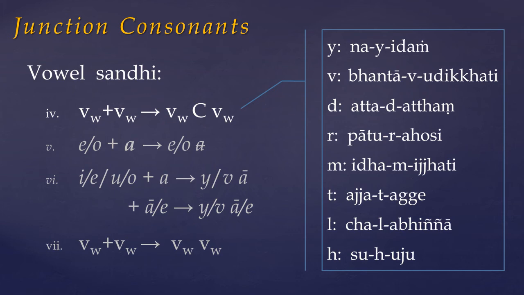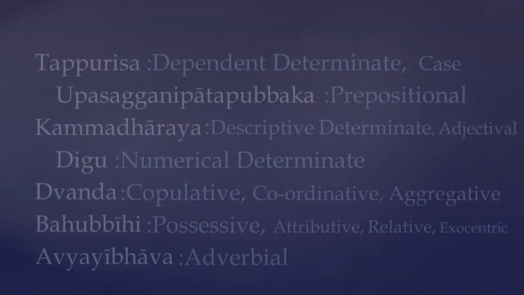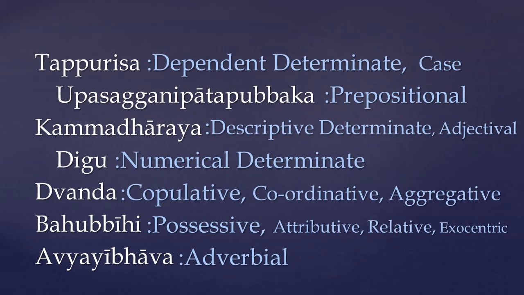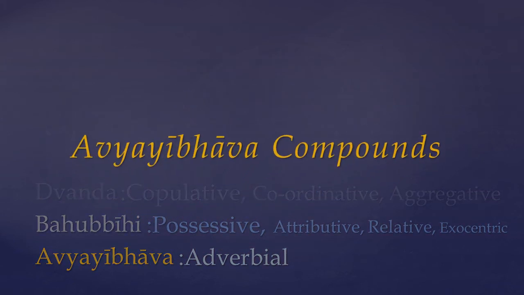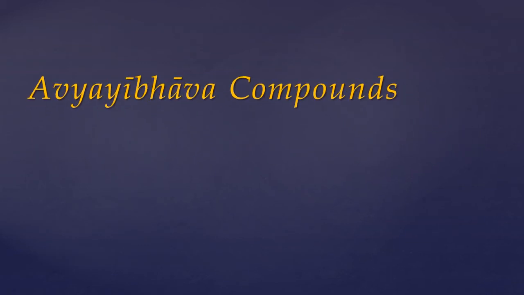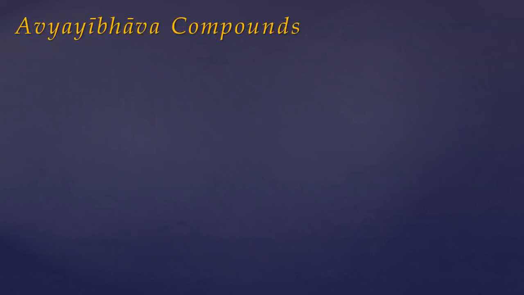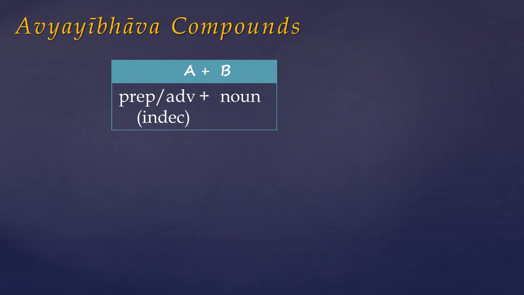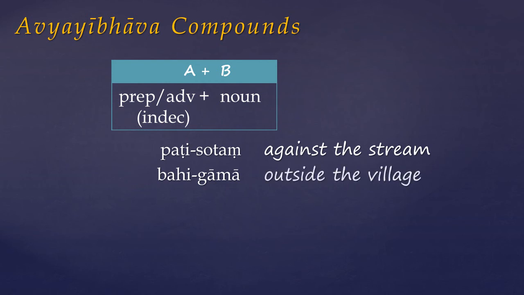Right, let's now return to compounds in Pali. And in this lesson, Warder looks at adverbial compounds. This type of compound is usually easy to spot, as the first member is either a prefix or an indeclinable preposition or adverb, and the second member is usually a noun.